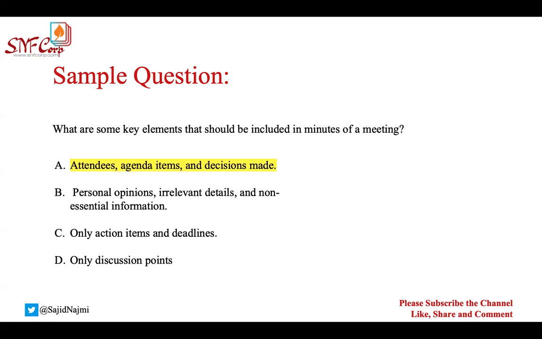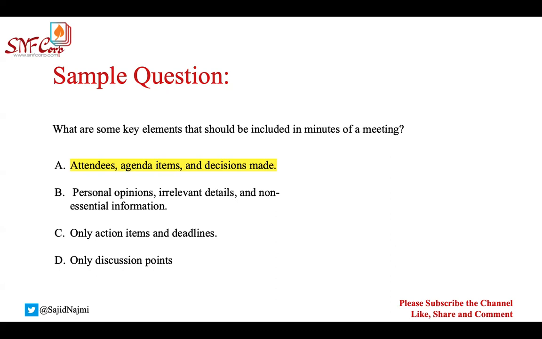You will write everything in the minutes of meeting, not only action items and deadlines. That is one of the parts of this MOM. If you have one action, you will write. If you do not have any action, you will still write the important points that you have discussed, along with who are the attendees, what is the agenda, and any decisions that you have made. So you will write everything here.